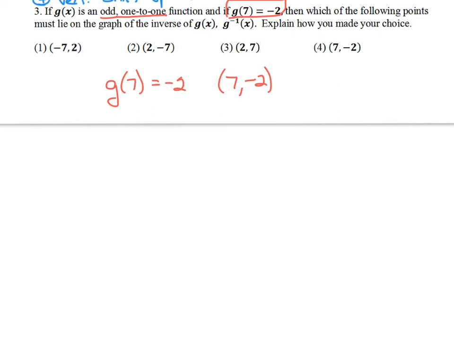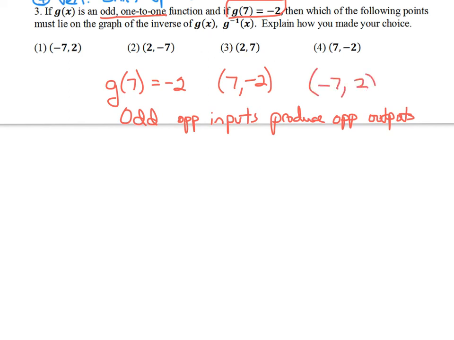But because we have an odd function, remember that odd means opposite inputs produce opposite outputs. That means that the point (-7, 2) will also be on the graph of g.